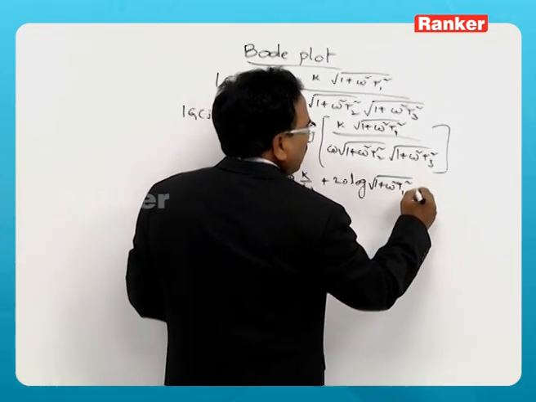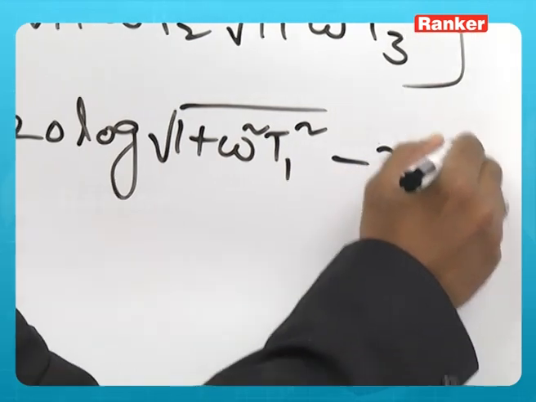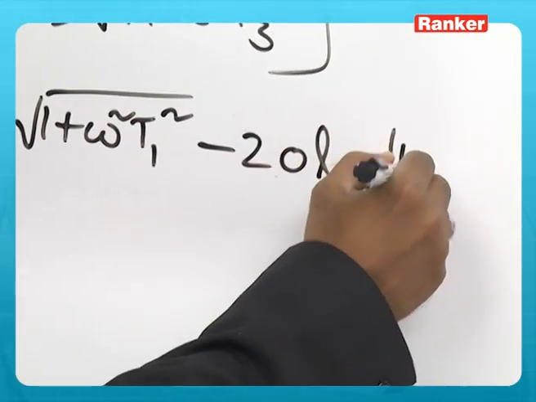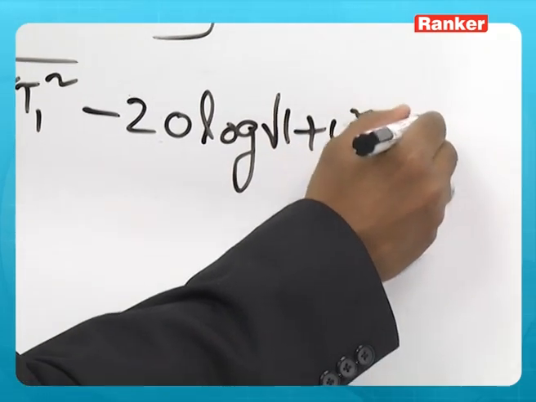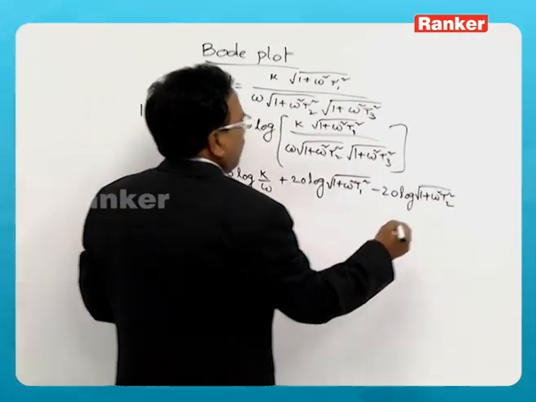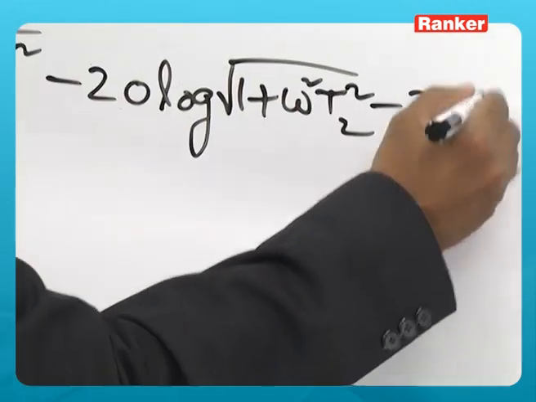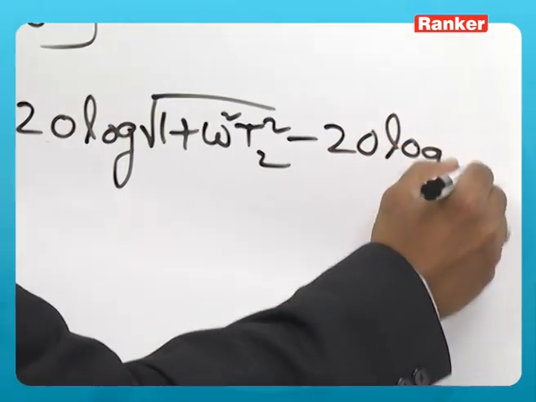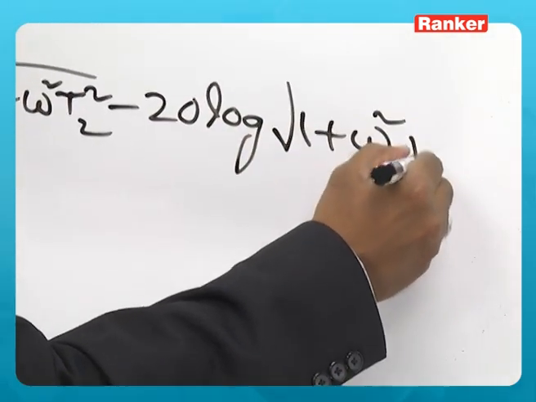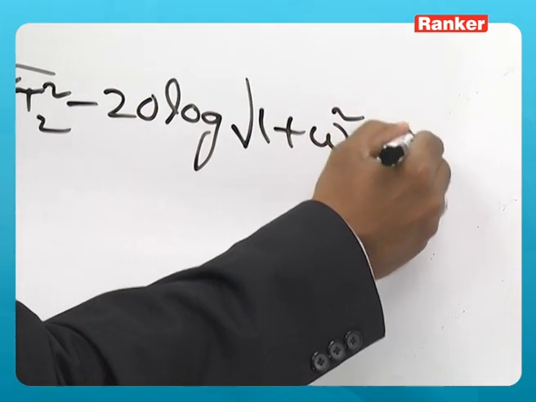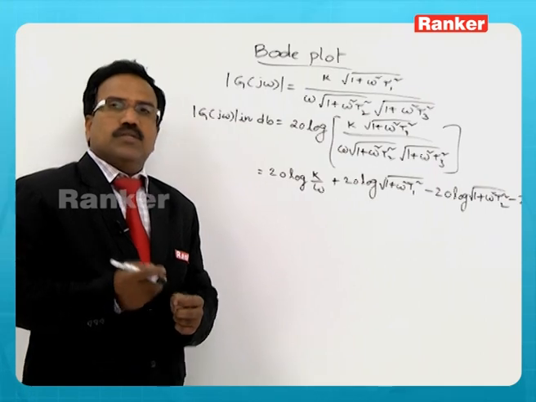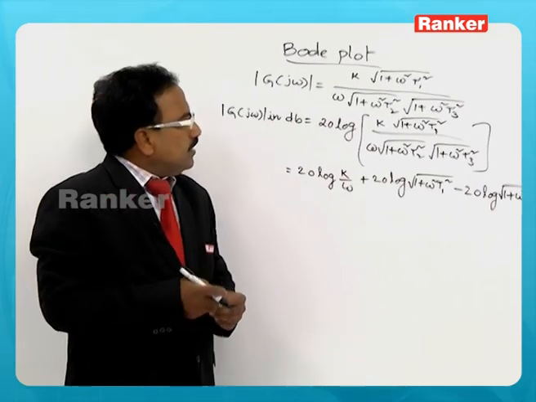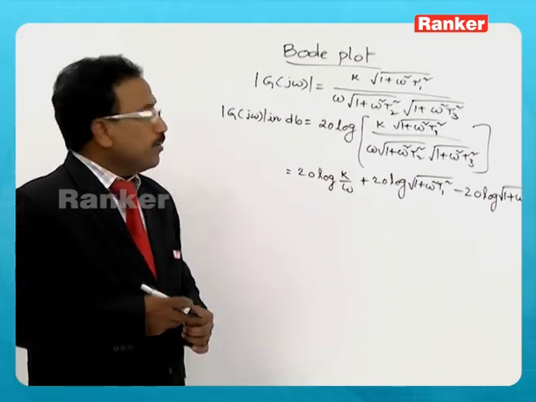So, I can write with minus sign 20 log under root of 1 plus omega square t2 square minus 20 log under root of 1 plus omega square t3 square. So, the denominator terms are taken to the numerator, and there is a minus sign that is applied.